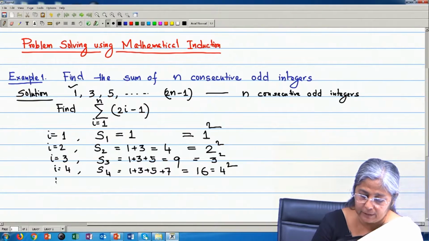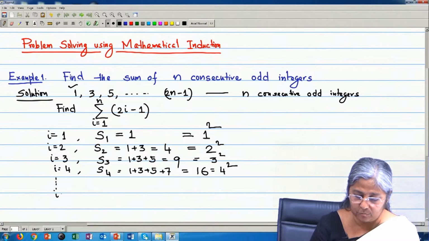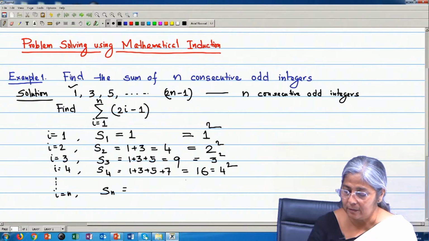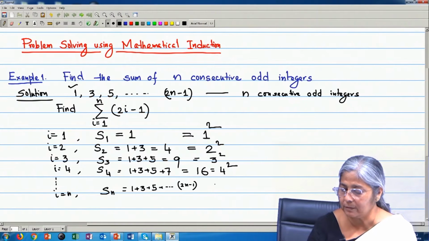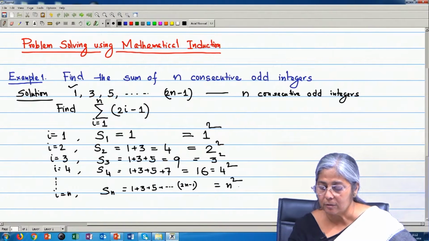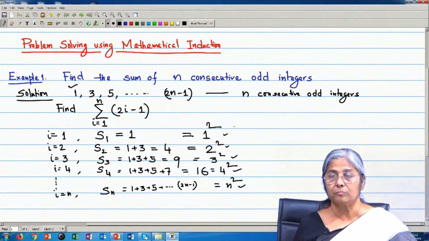So, I am getting a compact formula: Sn, 1 plus 3 plus 5 up to 2n minus 1, is equal to n square. So, first we get a formula that it is n square.